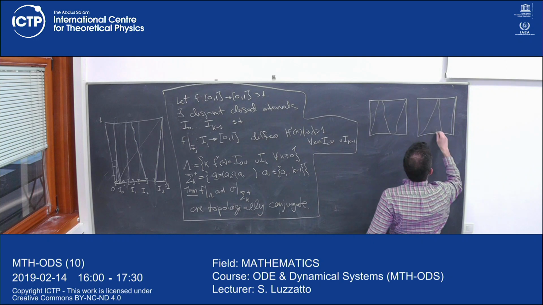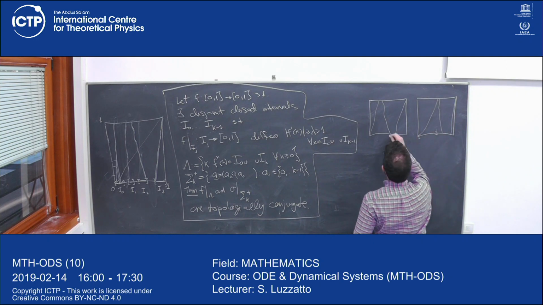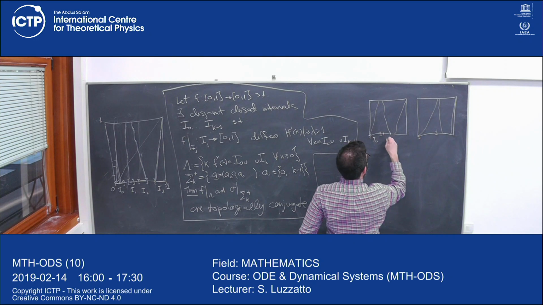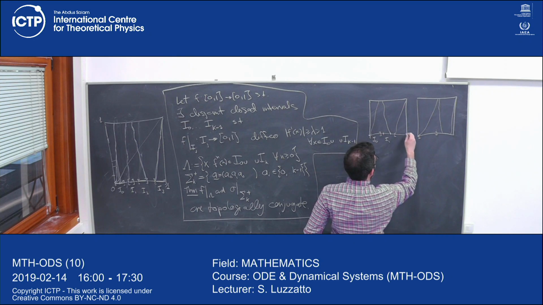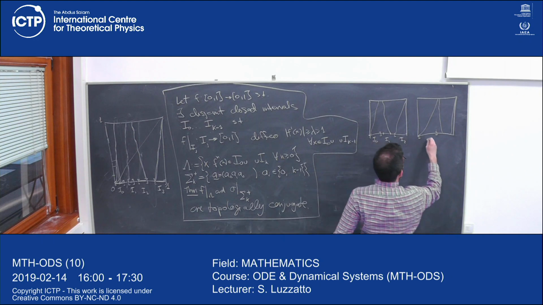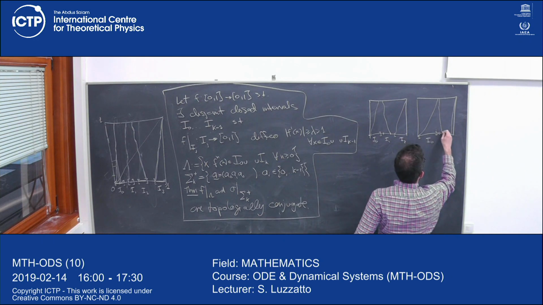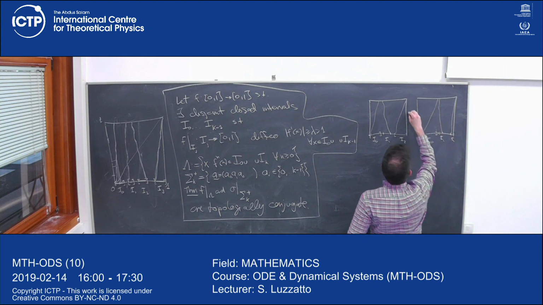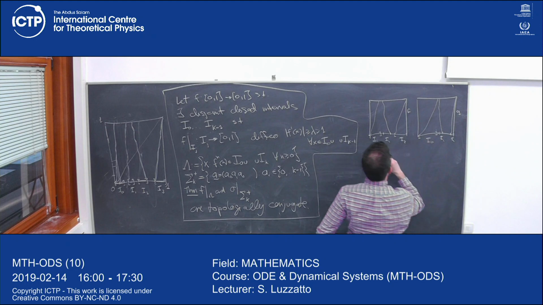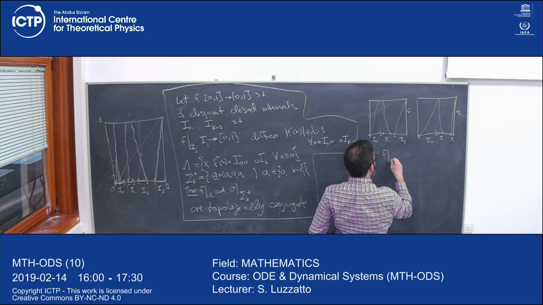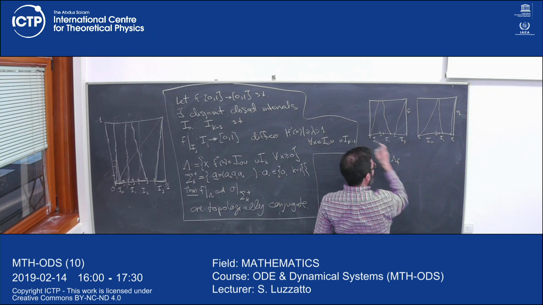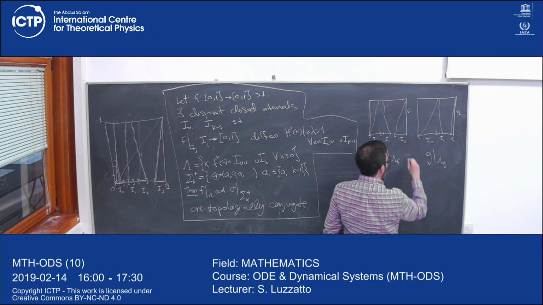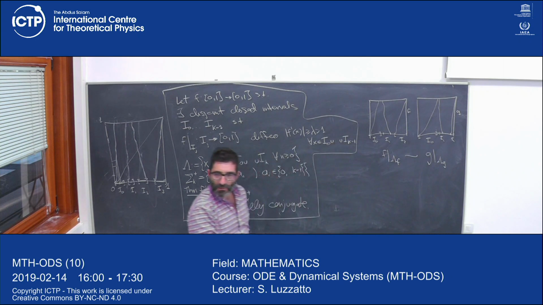Okay, so this one has an interval I0, this one has an interval I1, this one has an interval I2, and this is the same, I0, I1, I2. This is F, this is G, then we can construct F restricted to lambda of F, defined in the same way, and G restricted to lambda of G, and these will be topologically conjugate.